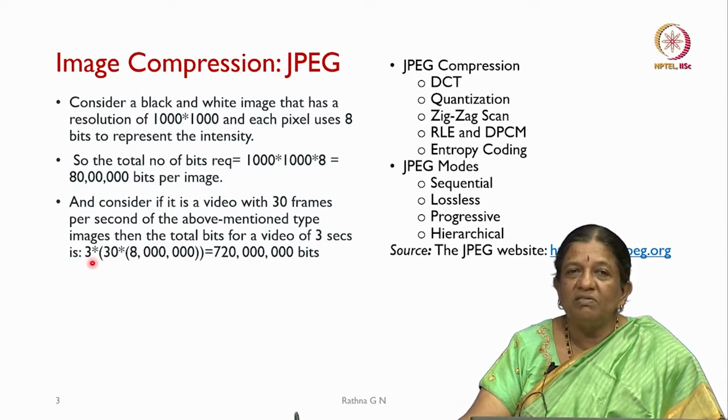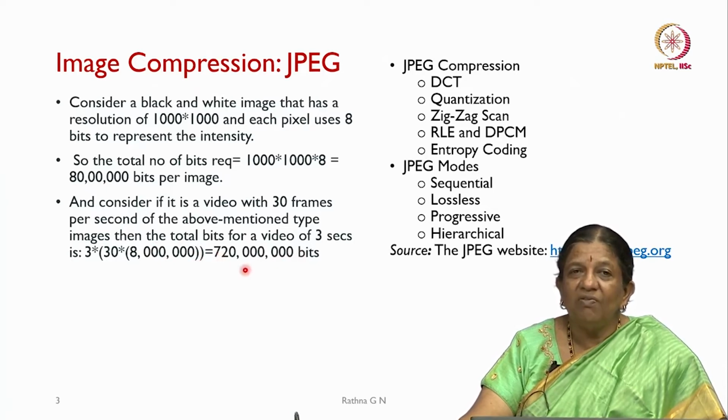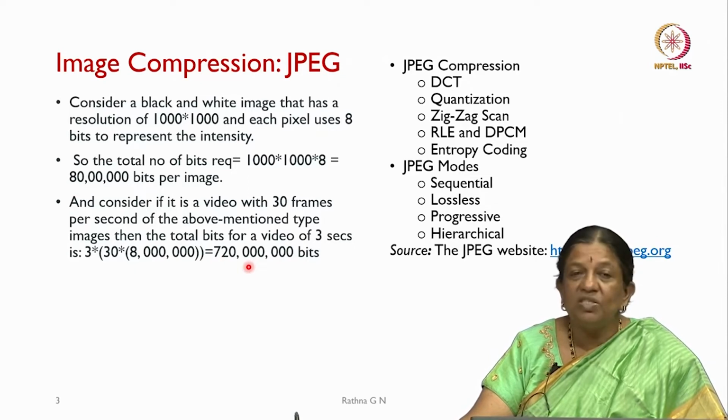It is 3 into 30 frames per second, so 90 frames that I have to store, each with this value of 80 lakh bits. So, you can see how many bits are required to store our images in any of the storage units.